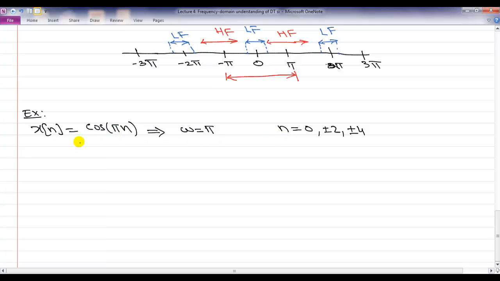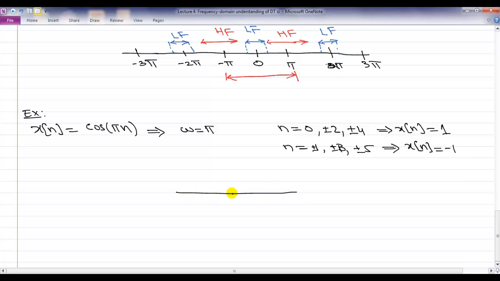For any even n, x[n] will be equal to 1. And for any odd n, x[n] will be equal to minus 1. Okay. So if you were to plot this, you will see at 0 you have 1, then minus 1, then 1, and minus 1.